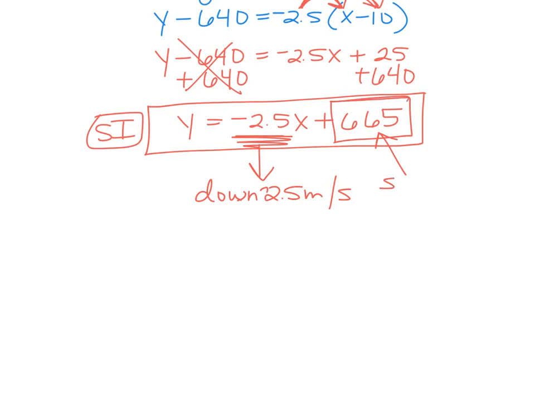That means we started at an altitude of 665 meters. That's your initial height that you started at, and then you descended from there. Any questions on that?